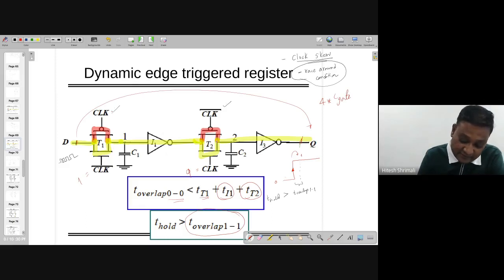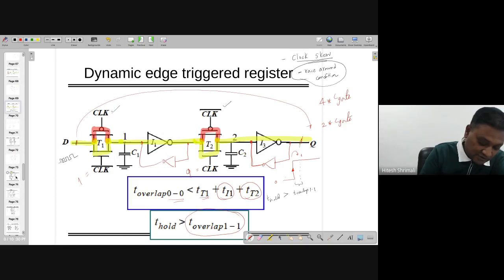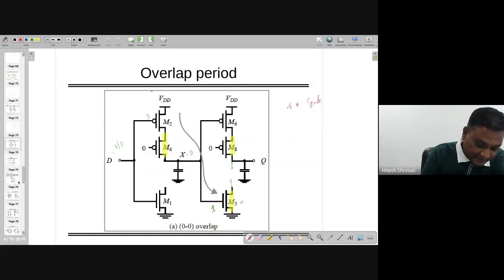If you don't want to use such a technique, you can use only the pass transistor where there is no transmission gate. With one transistor each, you can have 2 C gate of load. But in that case, it is advisable to use this circuit so that you can restore the level which you want, right? So this is all about CMOS and C-square MOS technique.